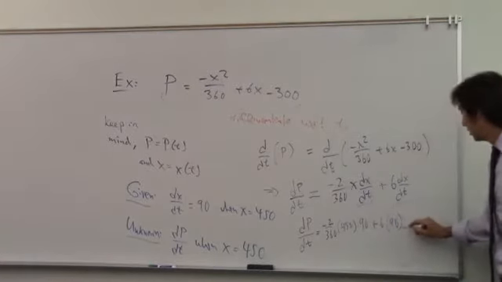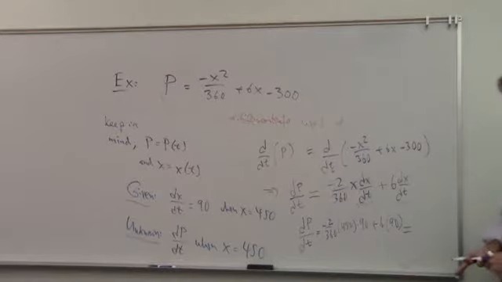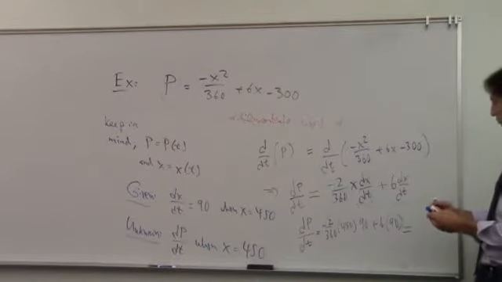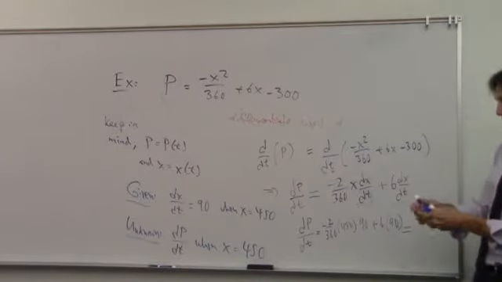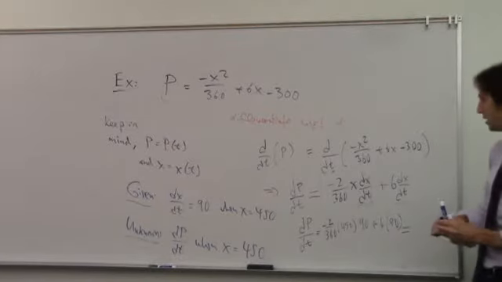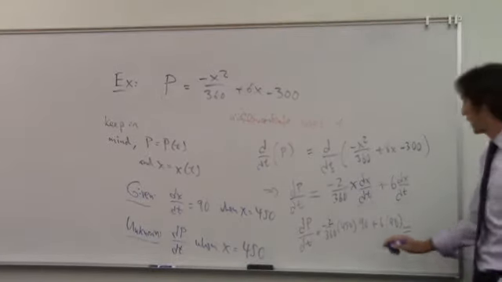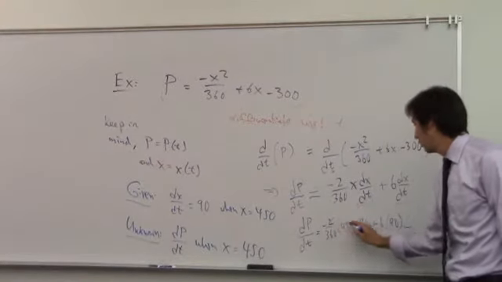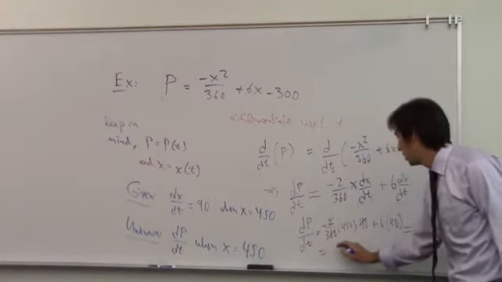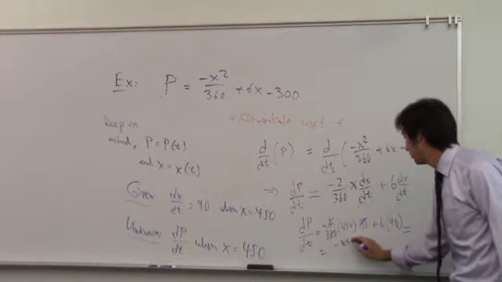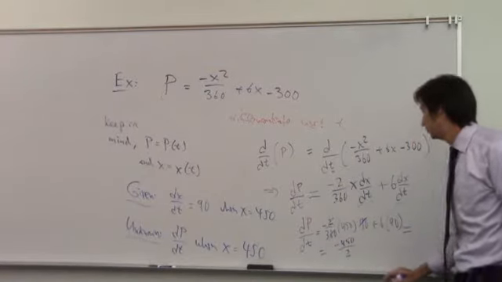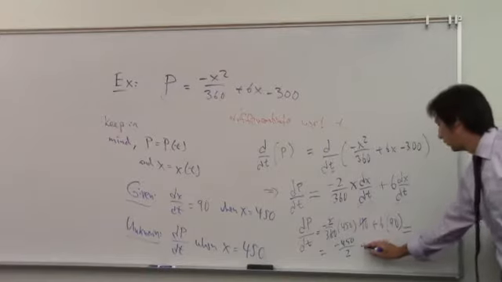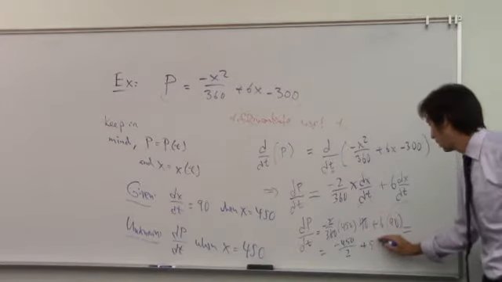And if we evaluate this, we can figure out the value of dp/dt. So with a little bit of cancellation here, 2 times 90 is 180 over 360. So that will simplify to minus 450 over 2. 6 times 90 is 540.